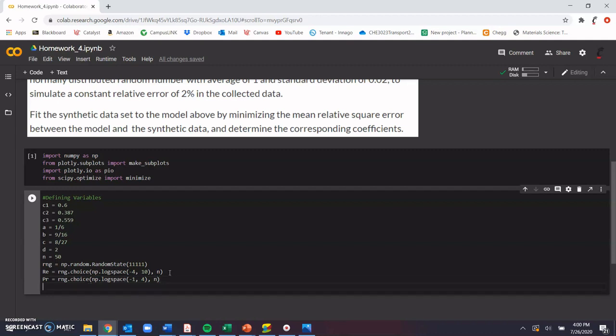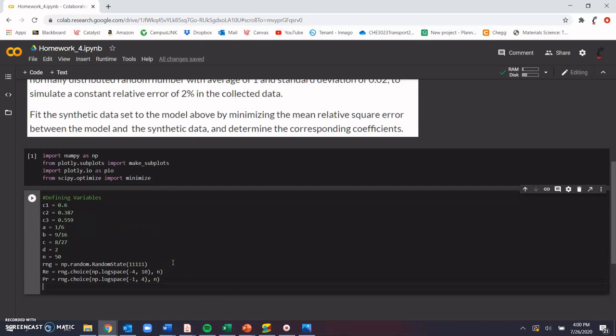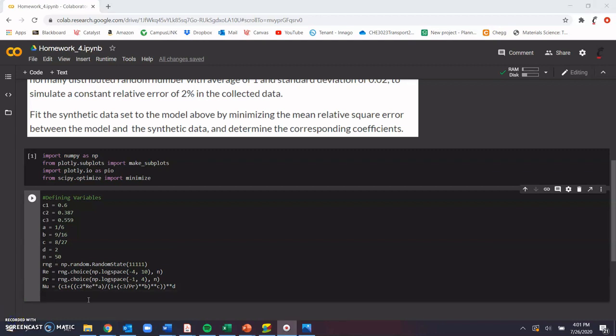Okay, so now we'll plug in all of our values into our Nusselt number equation. So this would generate our vector for our baseline synthetic data for our Nusselt number.